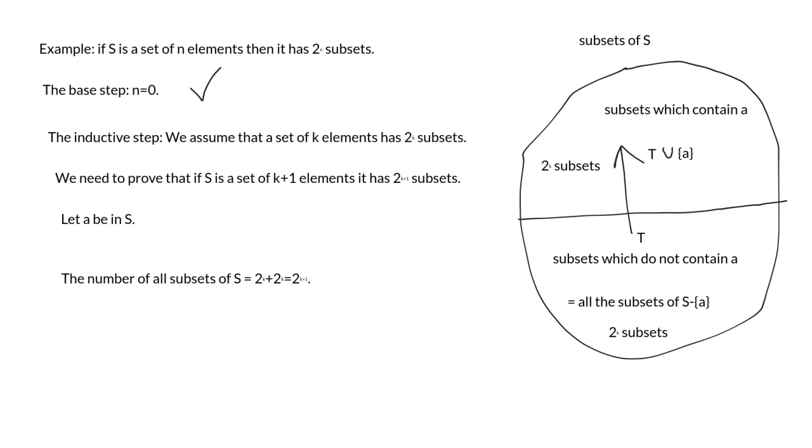And this was what we wanted to prove. Note that we use the induction hypothesis to argue for the number of subsets which don't contain A, and then show that those which contain A also have to be the same number of subsets, and therefore the total number is multiplied by 2.